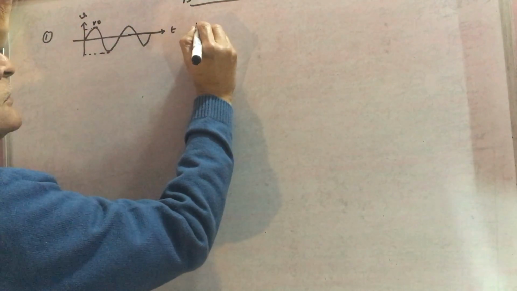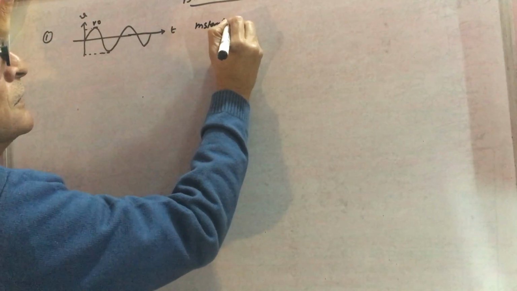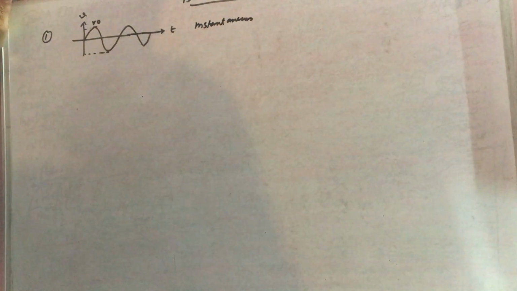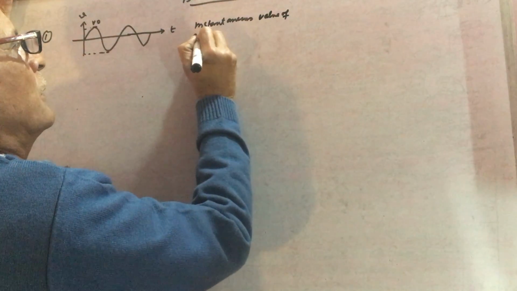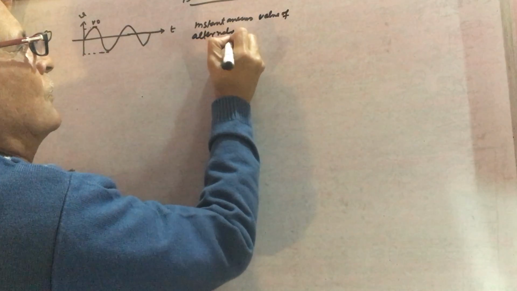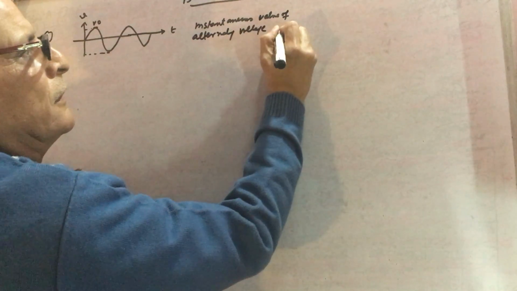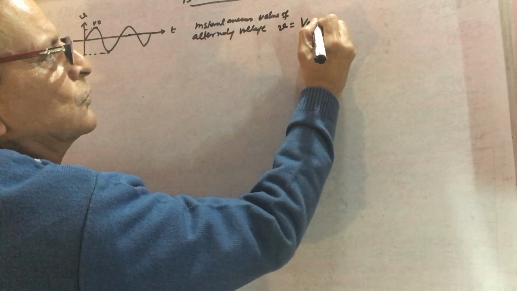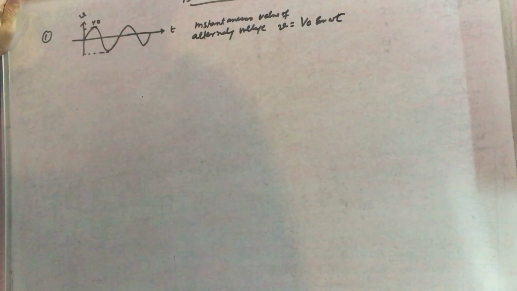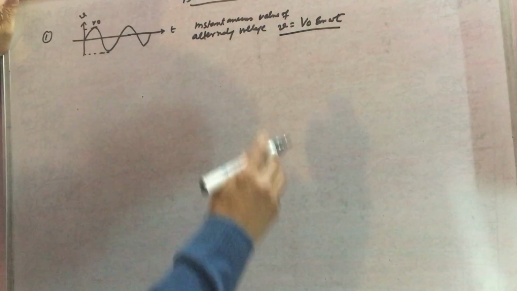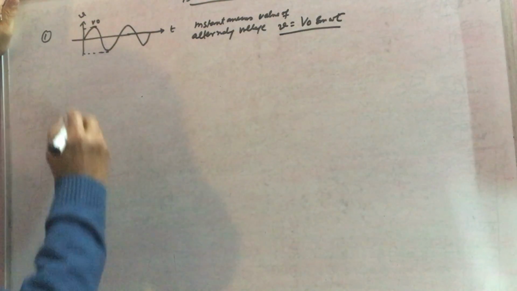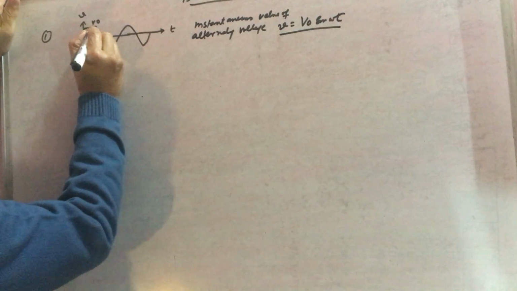The instantaneous value, meaning the value at any time, of alternating voltage is given by the formula V0 sine omega t. This is V0. Omega is angular velocity and t is the time. So this is known as the peak or maximum value.